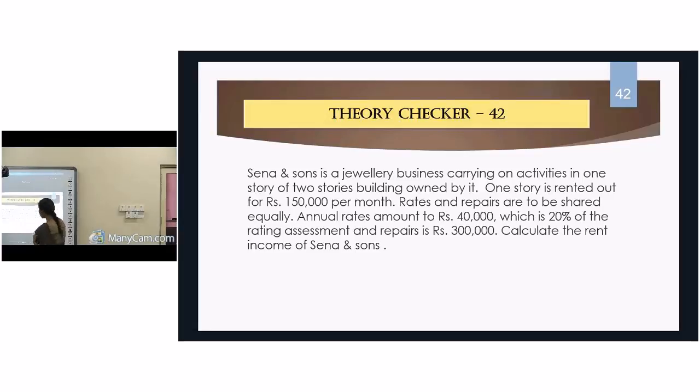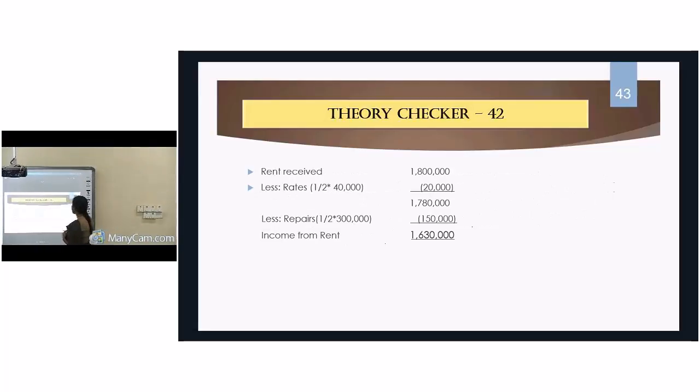So the income from rent would be 1,630,000, because the rent received is 150,000 into 12 months, the rates are equally distributed, half of the 40,000, and the repairs half of the 300,000. So the income from rent is 1,630,000.